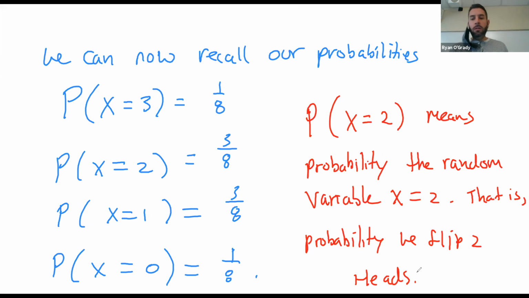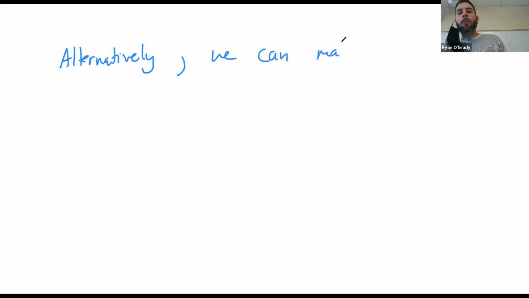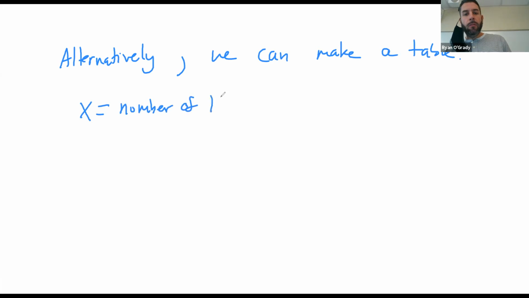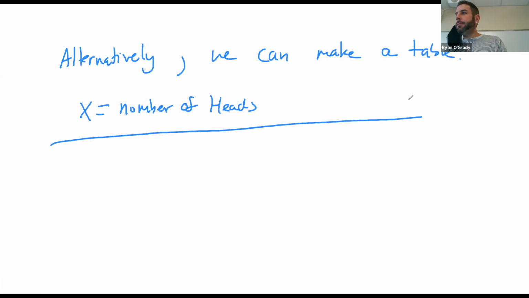Okay, and this might be insightful too, what we do next. We can also draw this sort of like a table. So alternatively, we can make a table. So what do I mean by a table? Well, let's say X equals the number of heads. So what are my options for number of heads?